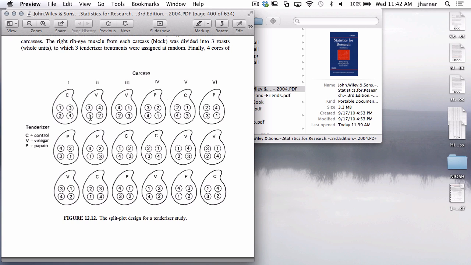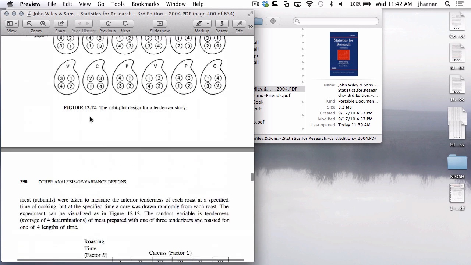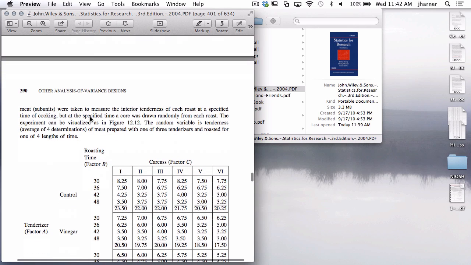And then after a certain period of time, you're going to take out the 1s, and then a certain time later the 2s, and then the 3s, and then the 4s. So that the time it's cooked varies from 1 to 4. I forget the exact amount of time in this particular experiment. Yeah, it's 30 minutes, 36, 42, and 48 minutes.